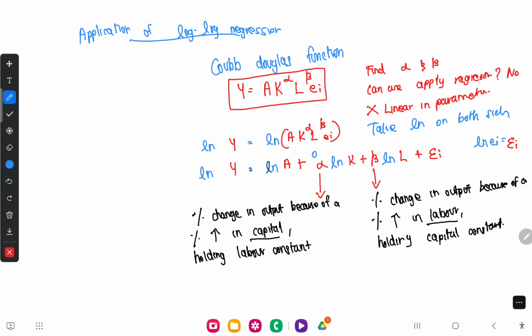That is how you interpret these values. So basically, as we have learnt in calculus, this shows the output elasticity of capital, the marginal productivity of capital. And this is the output elasticity of labor.